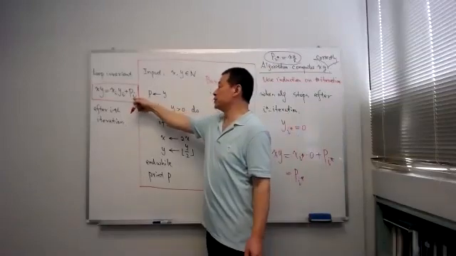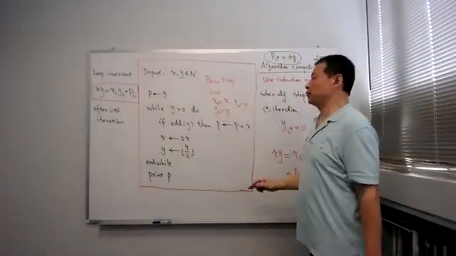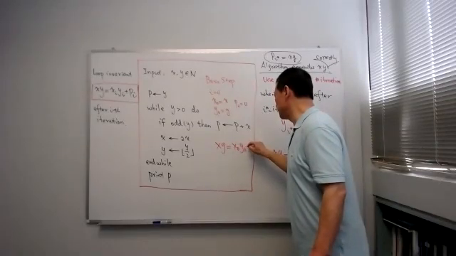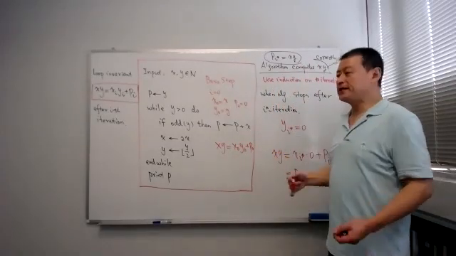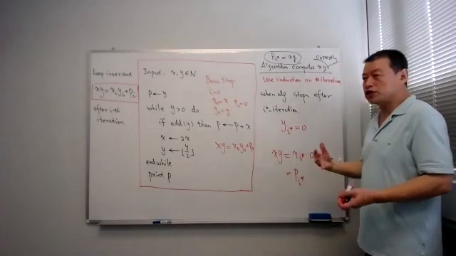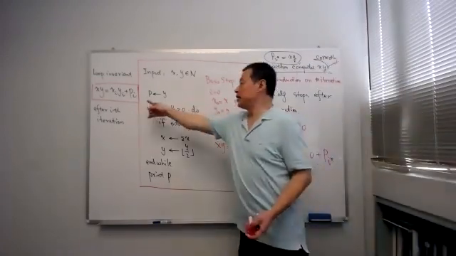Indeed, it holds. This one is 0. So initially, we do have xy equals x_0 y_0 plus p_0. So the basis step holds. All right. So we only need to work on the induction step to show this always holds.